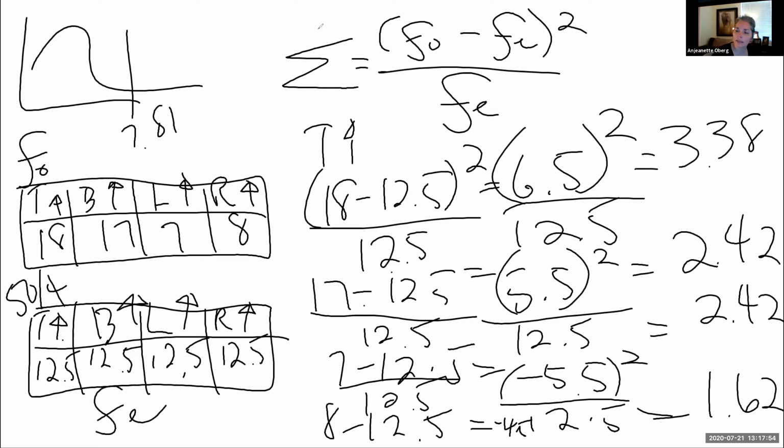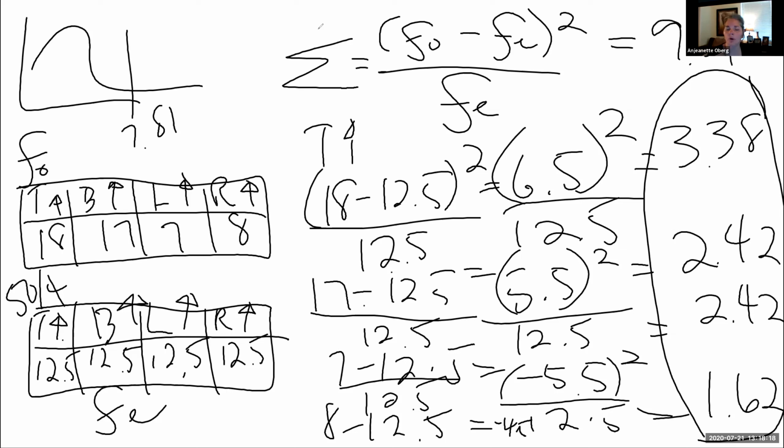So now I'm going to add up all of these values right here. I'm going to say 3.38 plus 2.42 plus 2.42 plus 1.62 equals 9.84.